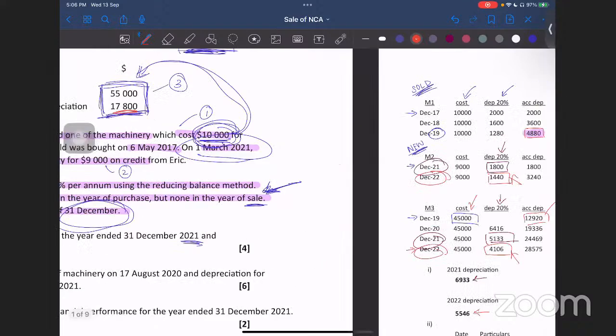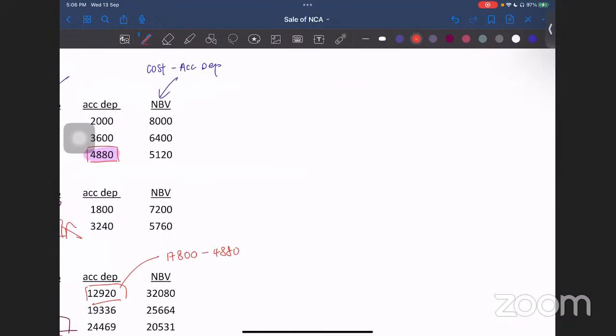Okay, so when I sell, let's recap again. I will receive cash, so I will debit cash at bank. First step, right? Then second one, what am I selling? I'm selling the NCA, which in this case is the machinery. So I need to remove the NCA, so here I will credit the machinery.